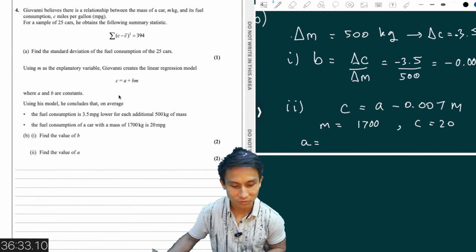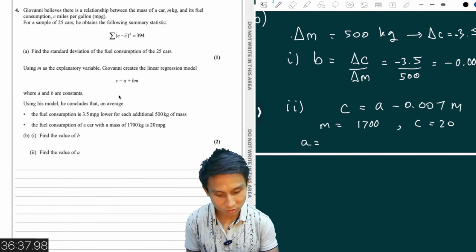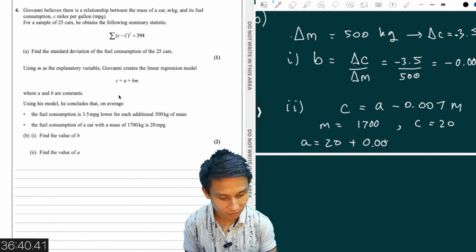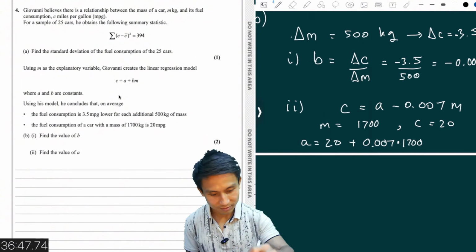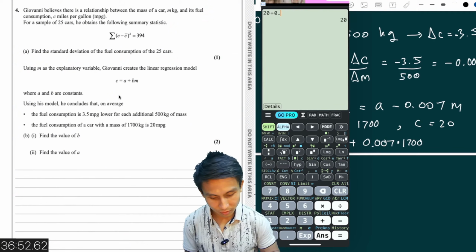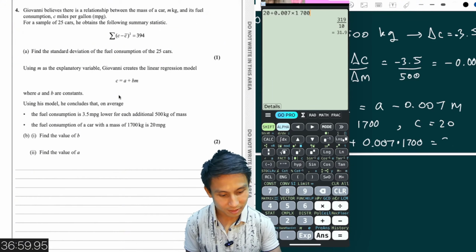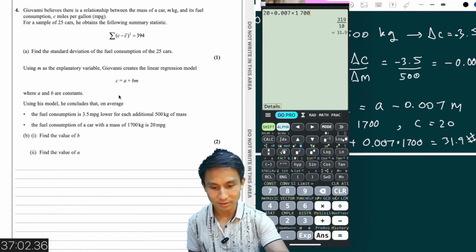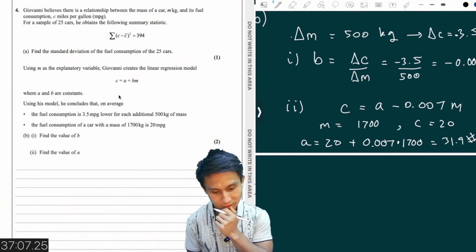So a is equal to c plus 0.007 m, so c plus 0.007 times 1700. We can use a calculator there: 20 plus 0.007 times 1700. That's 31.9. That would be the answer there. I'm just checking everything here, guys.